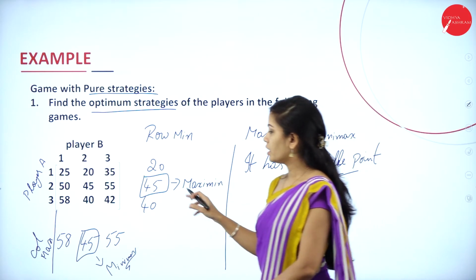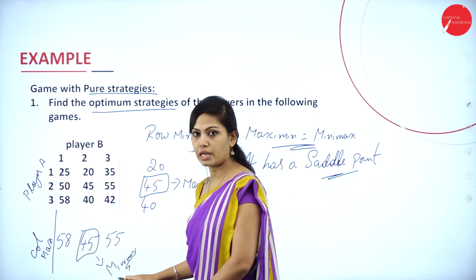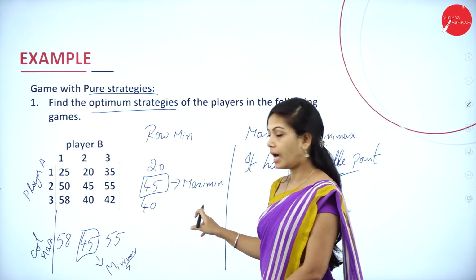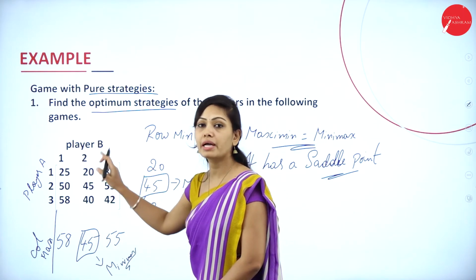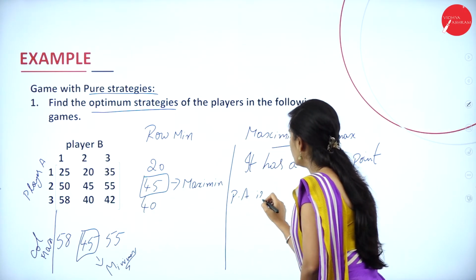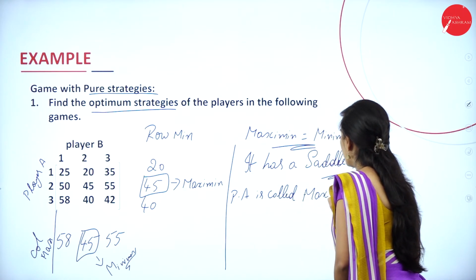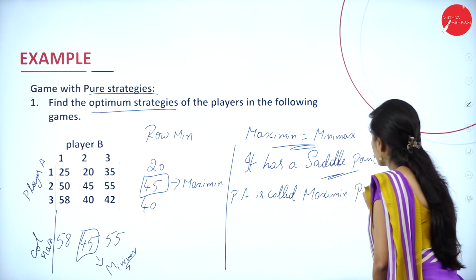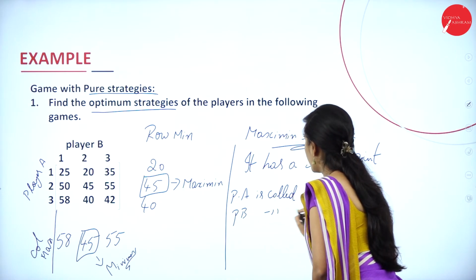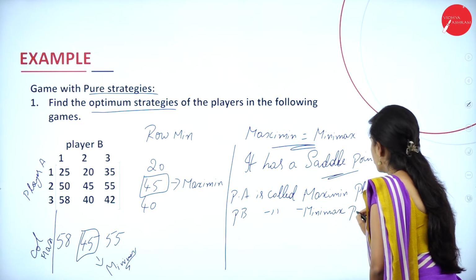So now here I got the maximin value and here I got the minimax value. Player A is called the maximin player and player B is called the minimax player. You can write: player A is called the maximin player, and player B is called the minimax player.